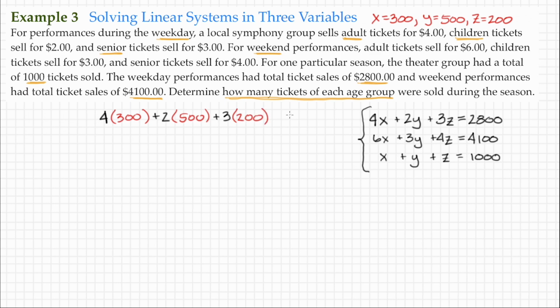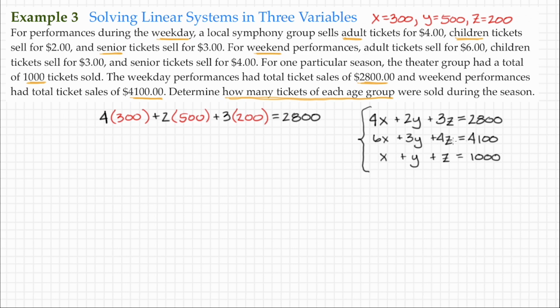And altogether, that should equal 2,800. 4 times 300, that's 1,200. 2 times 500, that's 1,000. And 3 times 200, that's 600. Add it all together, and it does equal 2,800.